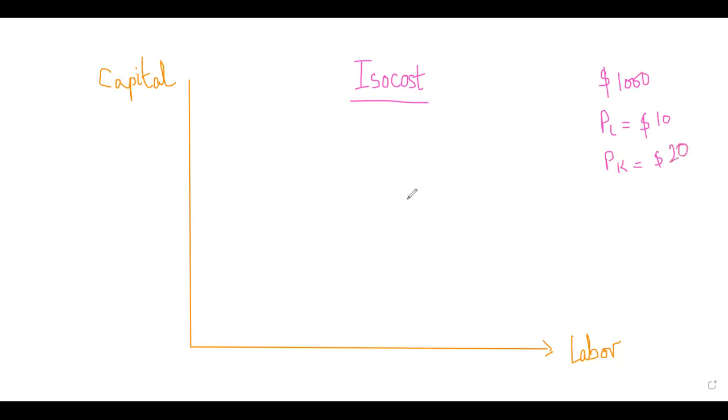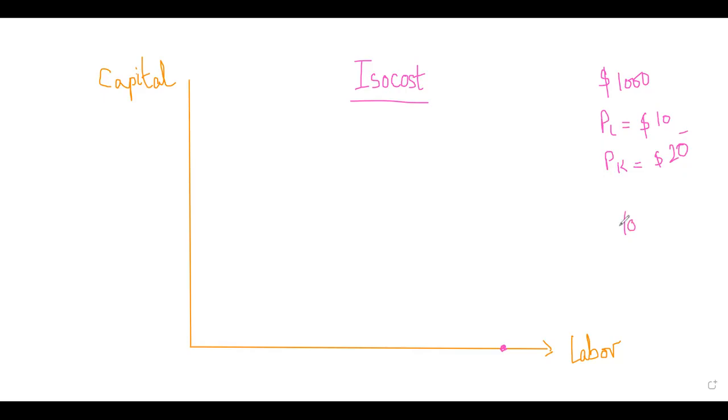Now, the first thing that you have to make on this graph is the ISO cost. First, you have to determine the maximum quantity of labor that you can afford with the available amount of investment and this price of labor for each unit. If you spend all of your resources on buying labor, how many units of labor can you hire?